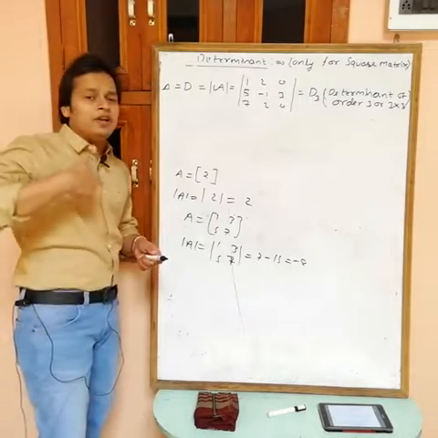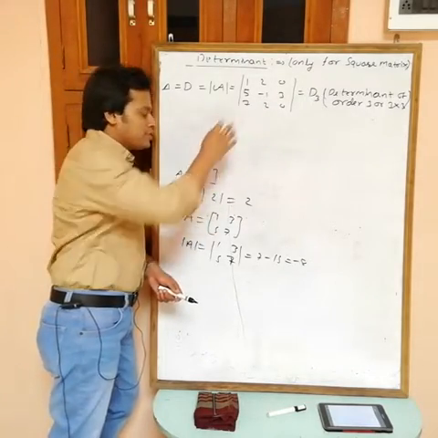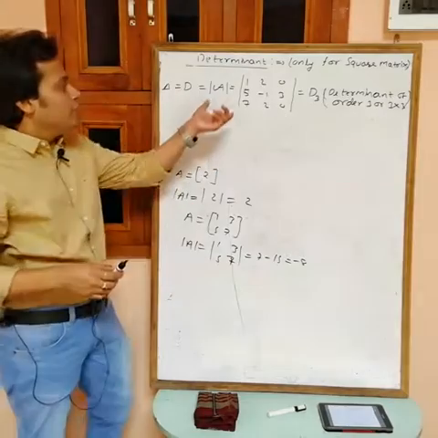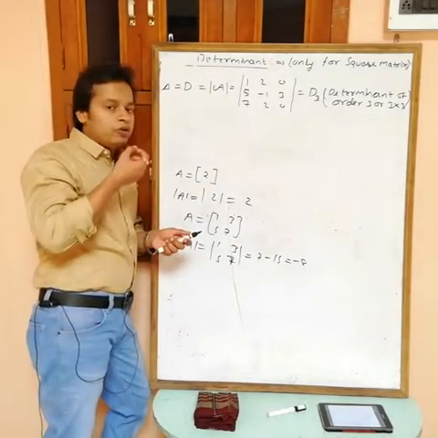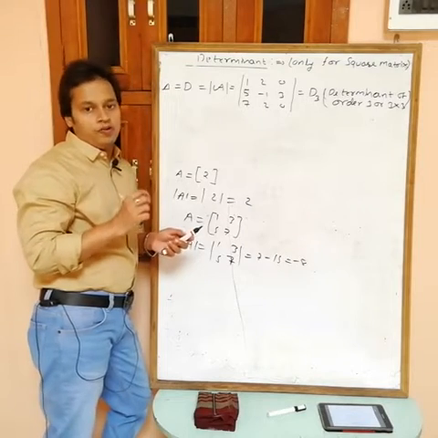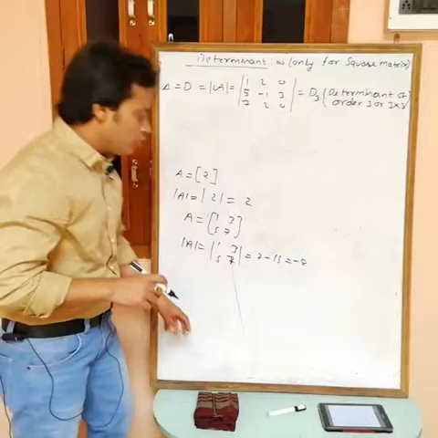Now if you want the value of a 3 by 3 determinant, first we have to understand minor and cofactor, then you can find it.